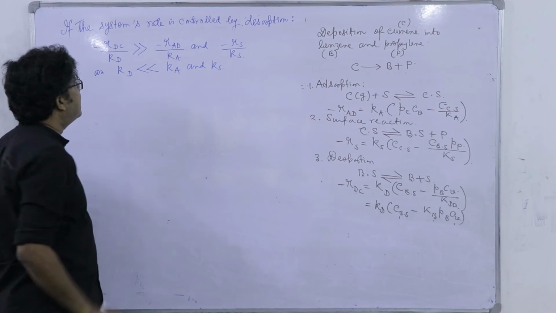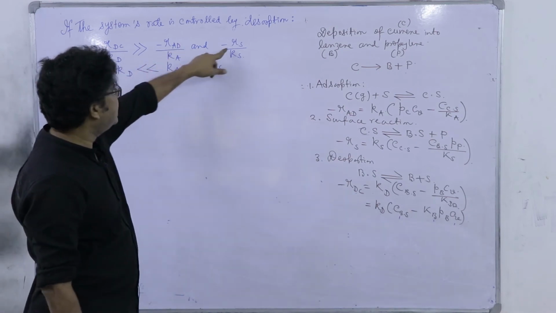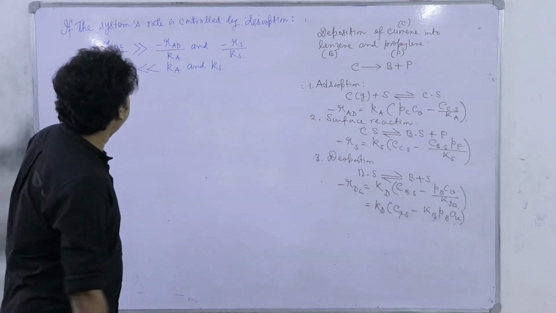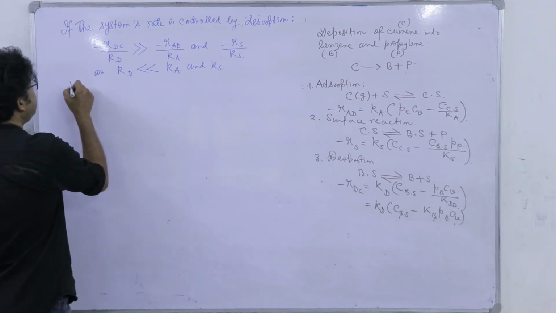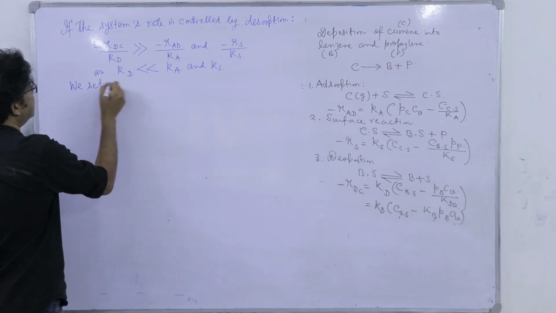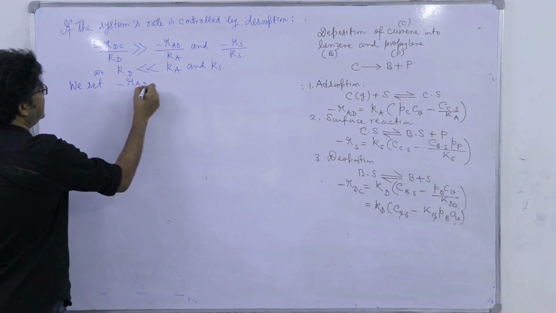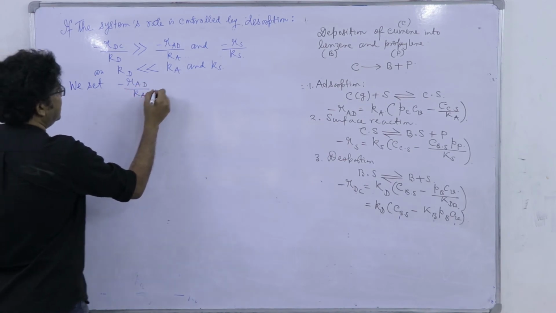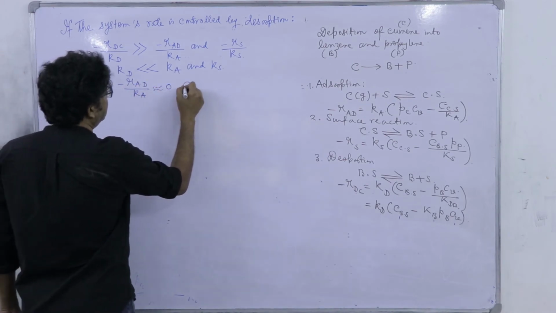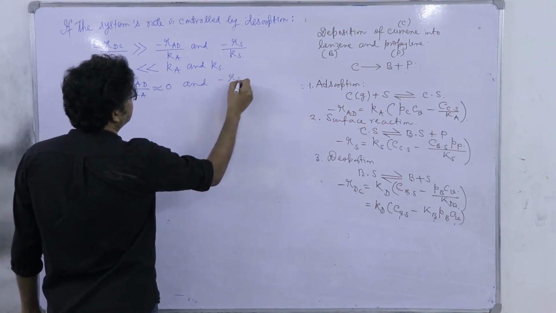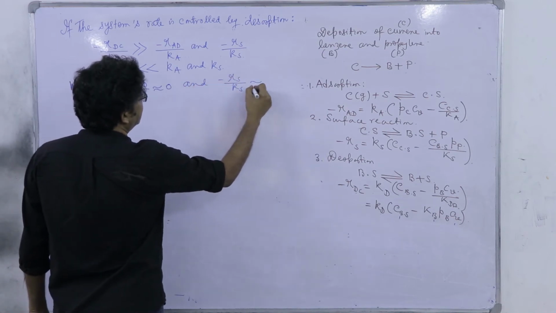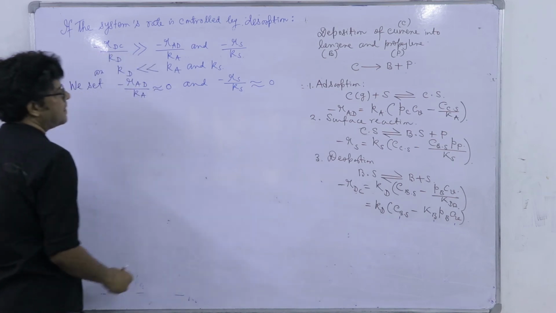Additionally, minus of R_DC, minus of R_AD and minus of Rs, they are all the same. So we set minus of R_AD by Ka to 0 and minus of Rs by Ks also to 0.